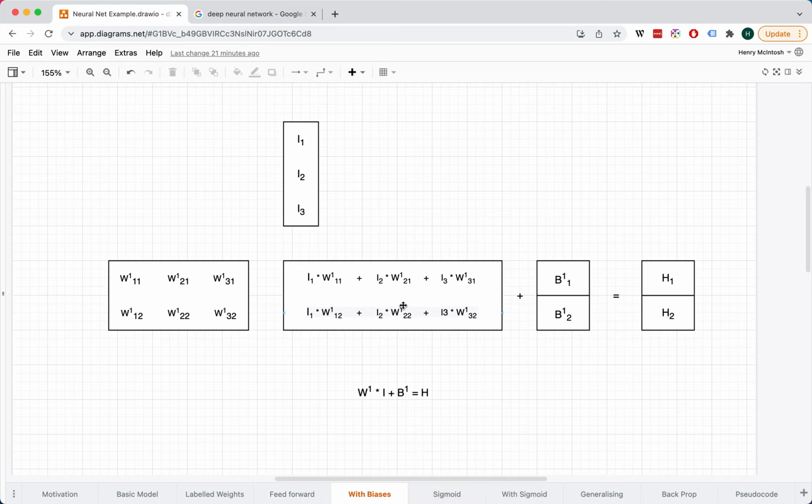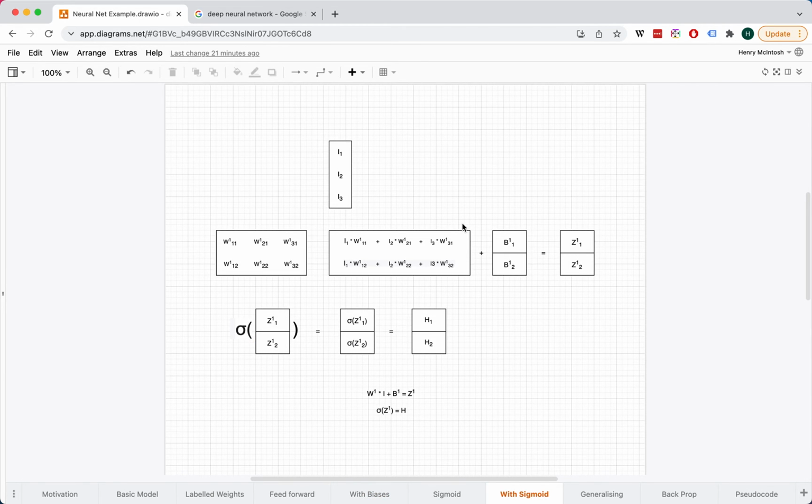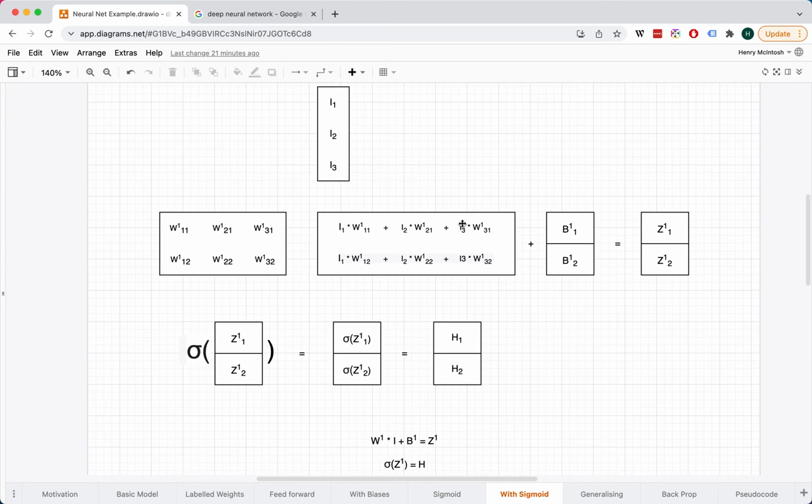So here we go. That's sigmoid. So we can show exactly what our representation of that is going to look like. So for convenience, this is the same as last time when we introduced this vector z, and that's going to represent an intermediate value that we can then feed into our sigmoid function to get our hidden layer.